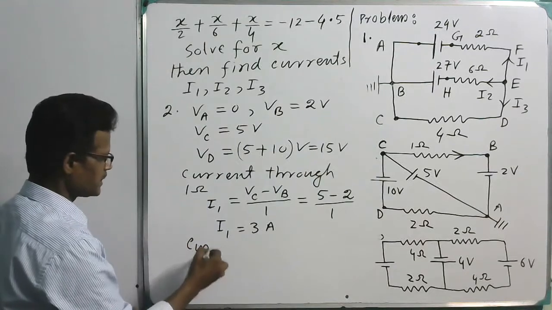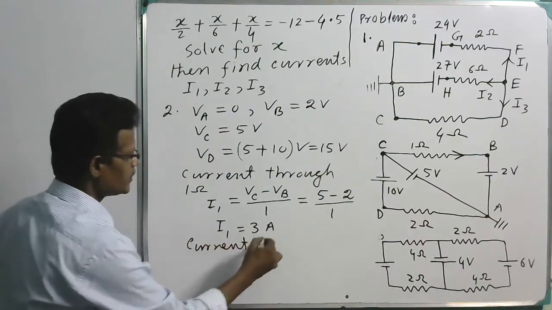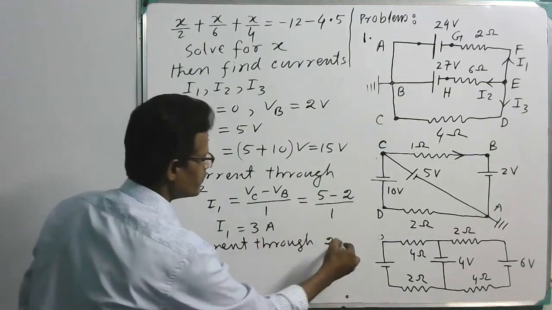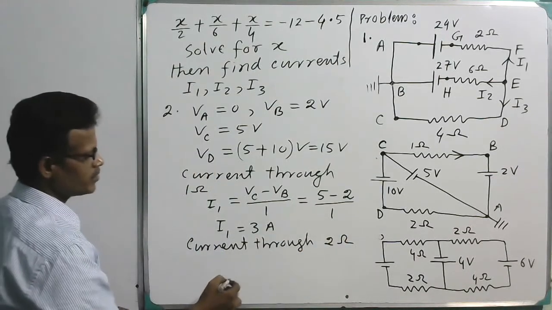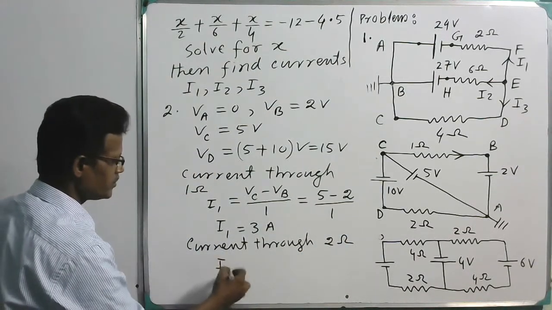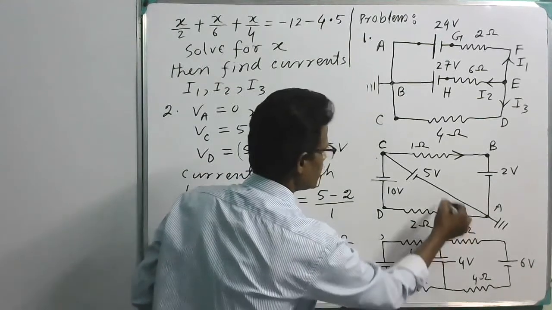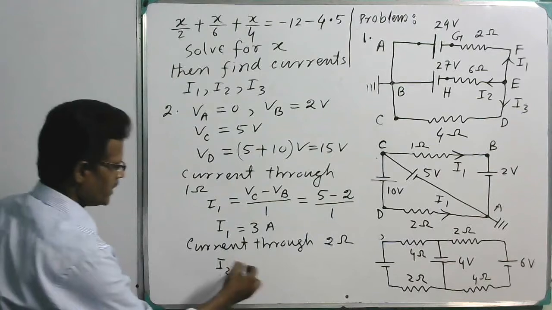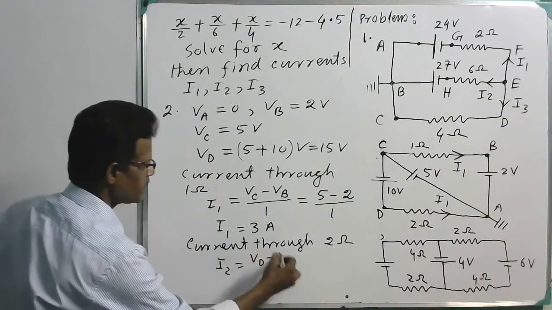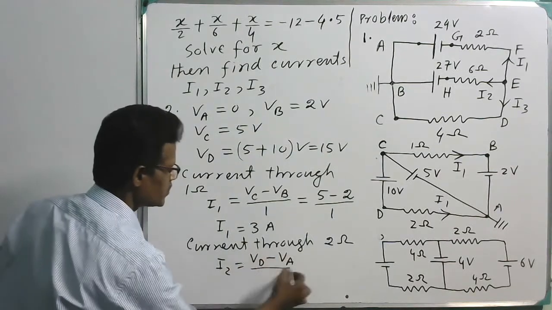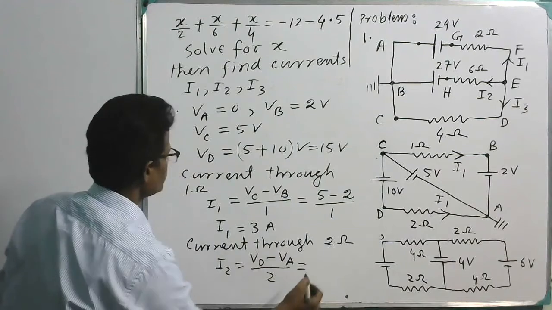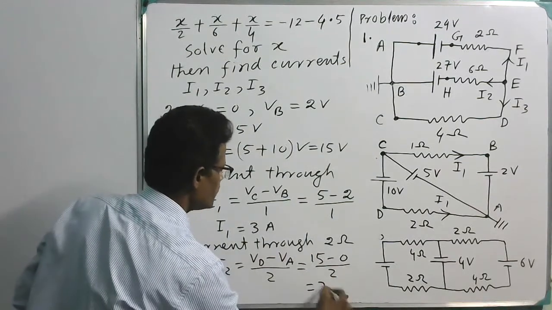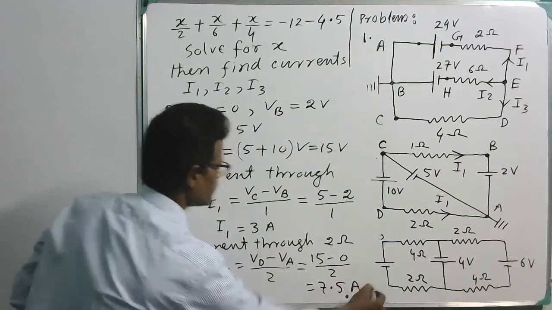So current through the 2 ohm is say I2, again this way. So I2 equals VD minus VA divided by 2, 15 minus 0 by 2, so this is 7.5 ampere.